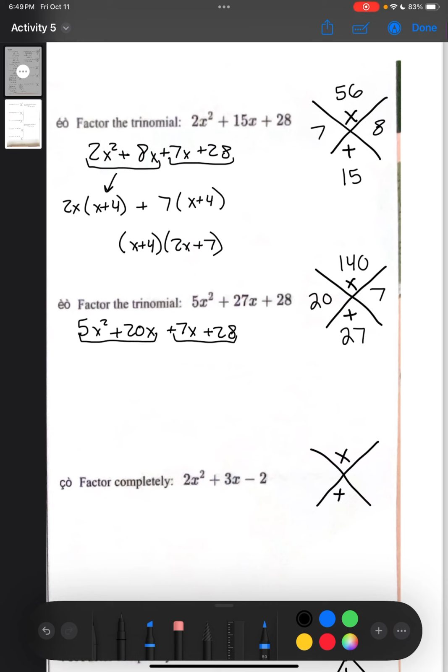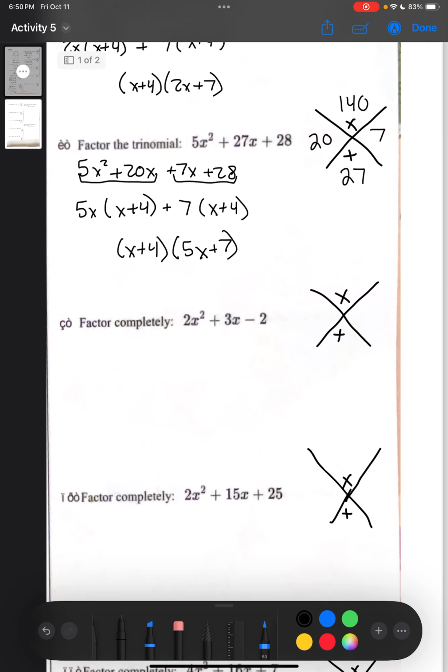Again, group these up. On this first one, we are taking out that 5x, 5x times x plus 4. Bring out that 7 again to get x plus 4. And with this one, we get x plus 4 times 5x plus 7.